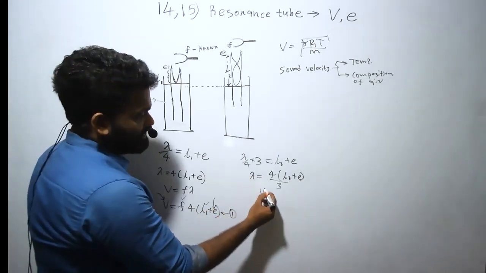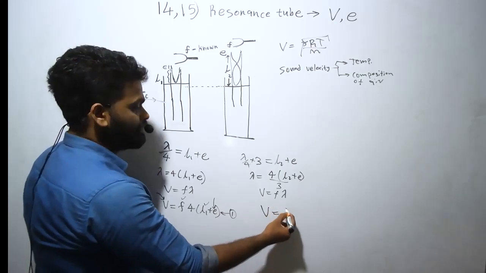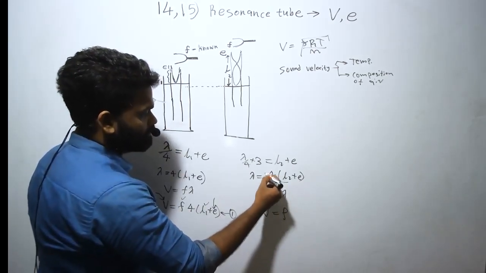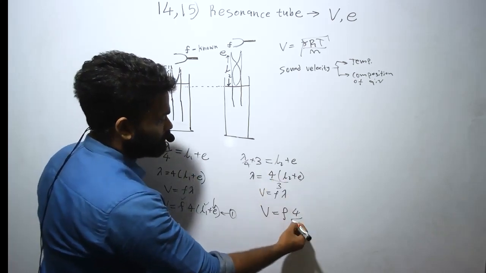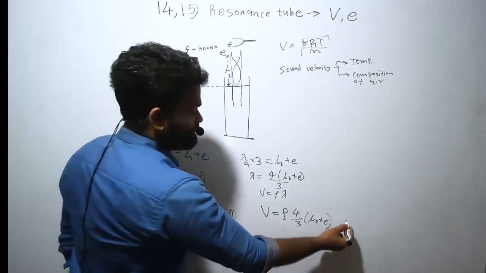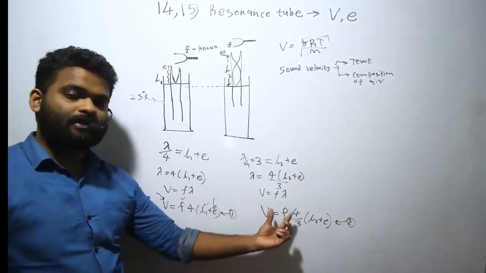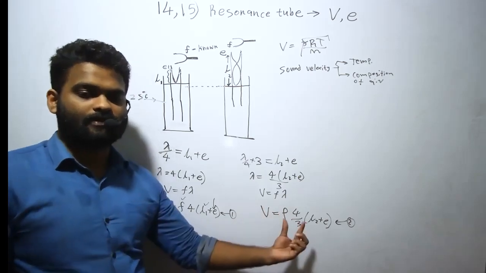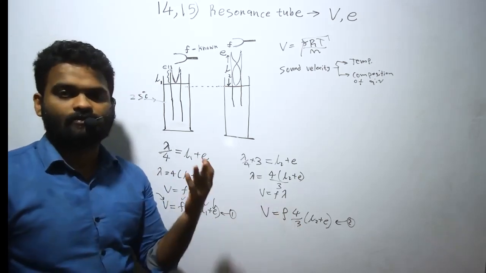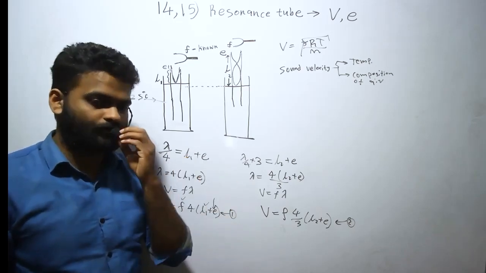Then for this case as well, just apply V equals F lambda. V equals F, the same F, times lambda, and you can put in 4 (L2 plus E) over 3. So this is the second equation. Using these two equations, you can find V and E. Those are two simultaneous equations with only two unknowns.